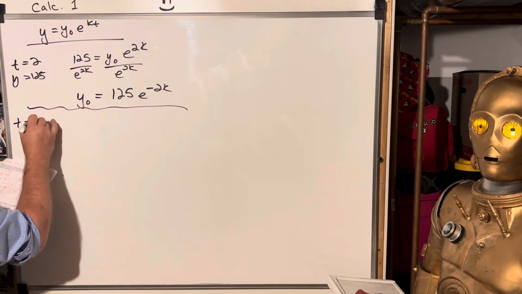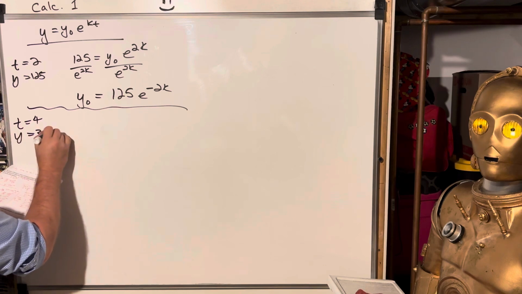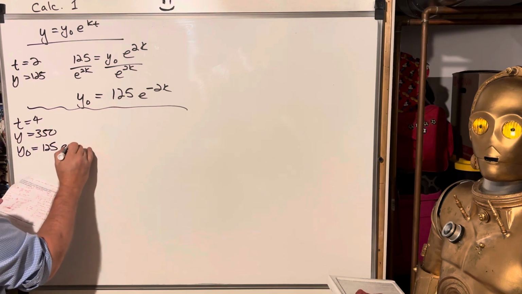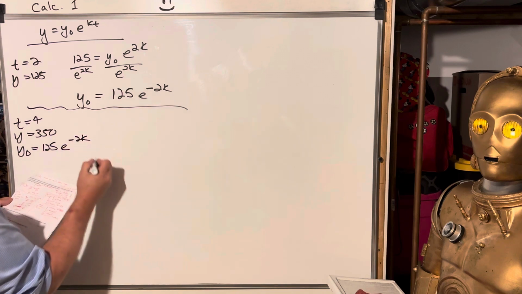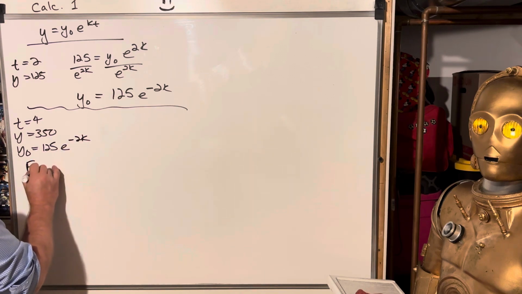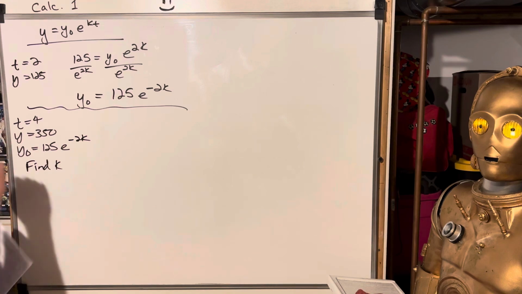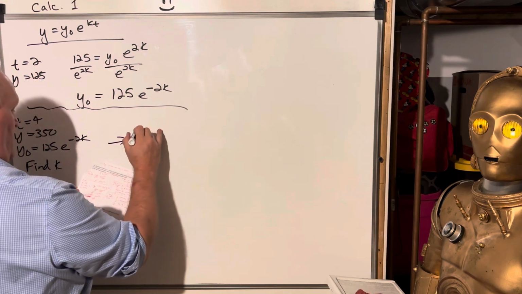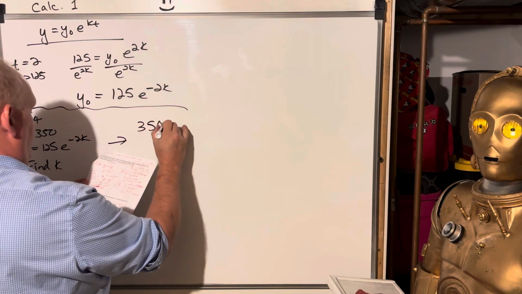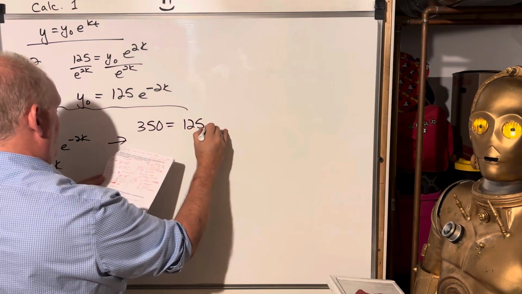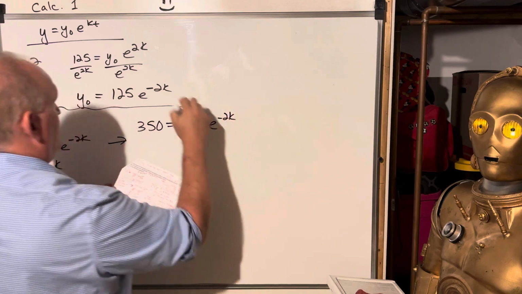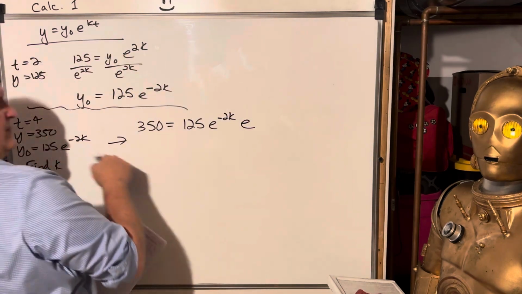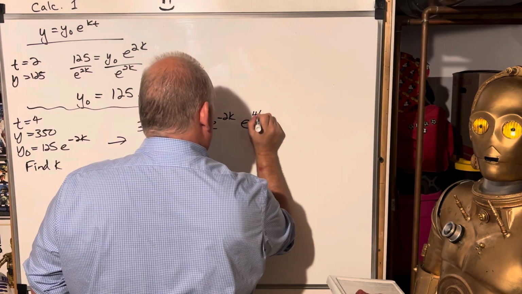Now let's use t equals 4, y equals 350, y naught is equal to 125 e to the negative 2k. And now let's find k. So we're using a system of equations here in that 350 is equal to 125 e to the negative 2k, and now e to the 4k, because 4 was for the 350.